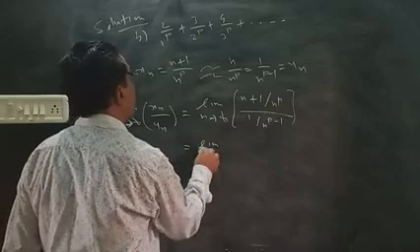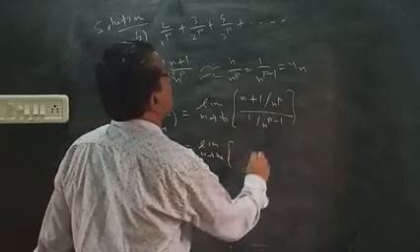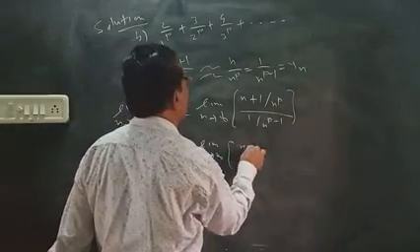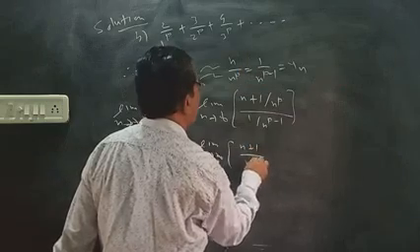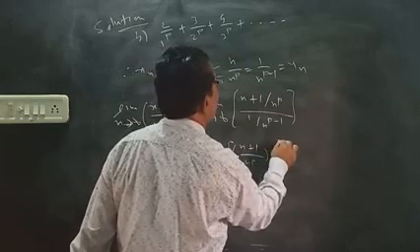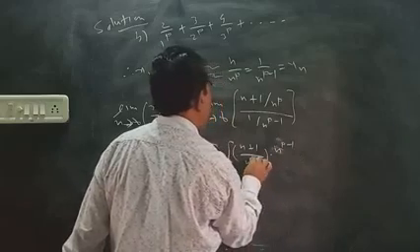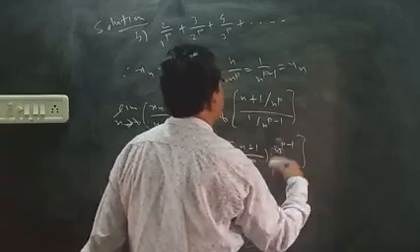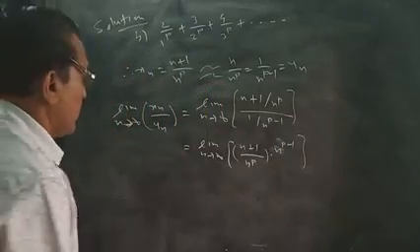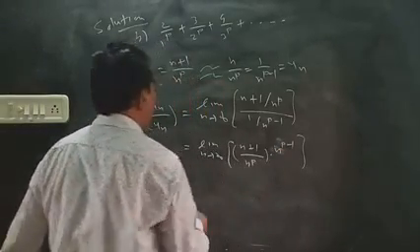Simplify. So this comes to numerator n plus 1 divided by n raised to power p, into n raised to power p minus 1.